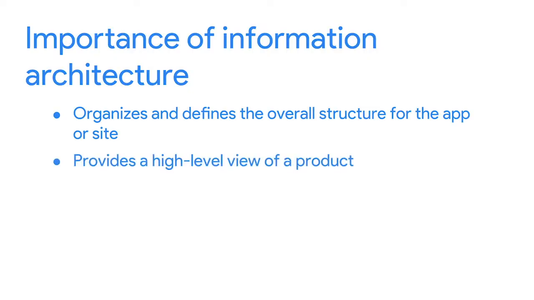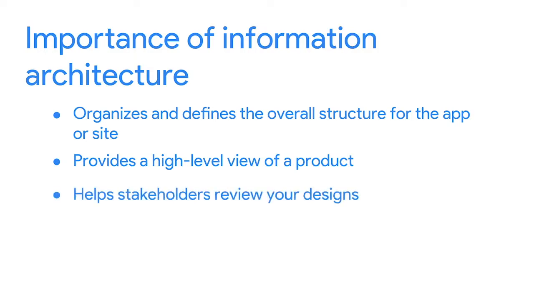Second, it provides a high-level view of a product. As a UX designer, you need to understand how the elements of a product fit together and relate to each other in order to create the design of that product. Third, IA helps stakeholders review your designs.